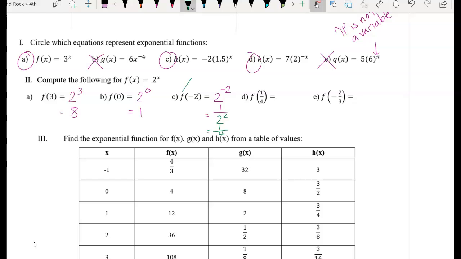Let's just do a quick second example here because I know people get confused by this. If I had 4 to the power of -3, what should I do to simplify that?